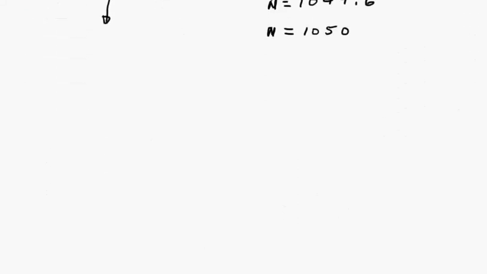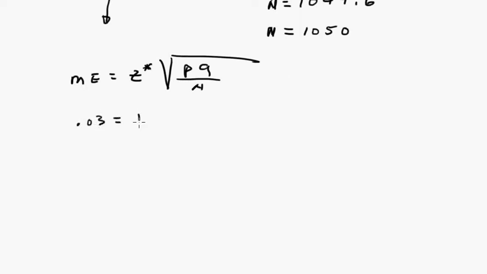Actually, I'm going to go back to, we have the margin of error equals z star times the square root of p q over n. Okay, so this is 0.03. This is 1.960. So what can we plug in for p and q?